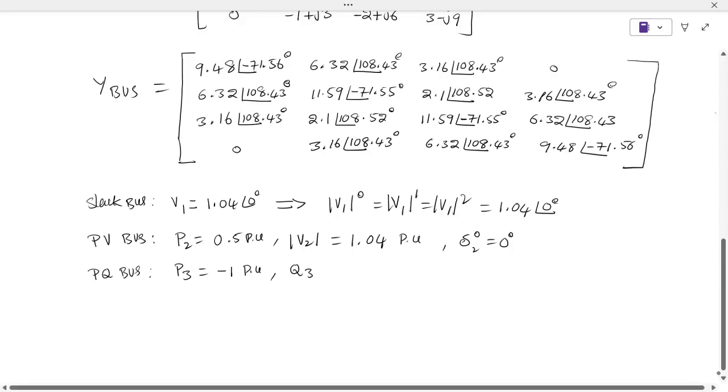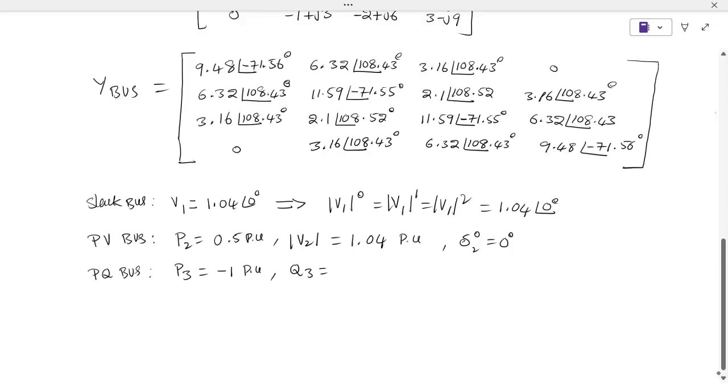As this is a PQ bus, they have given both real and reactive powers, because for a PQ bus real and reactive powers are the specified values, right? So Q3 is 0.5 per unit.